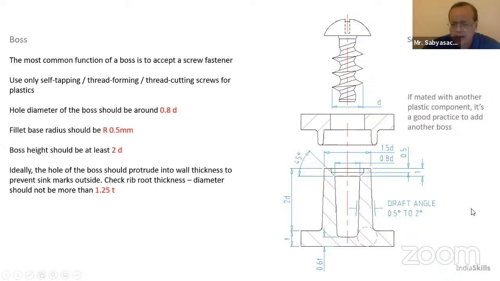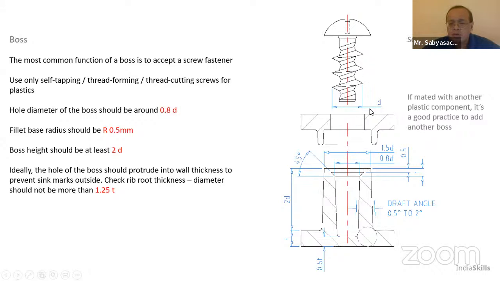Let me spend a little more time on this. What you can notice here is that, of course, the draft angles are here, but there is a certain amount of larger opening here. This is the diameter into which your screw will start engaging.